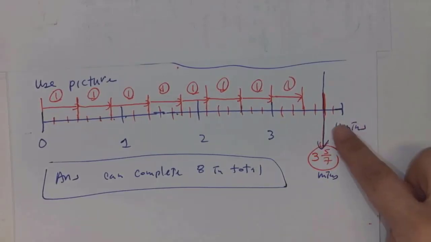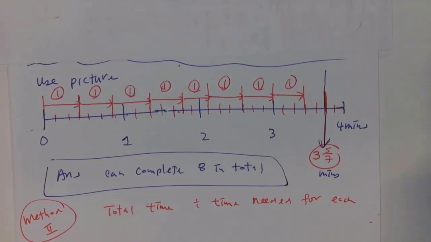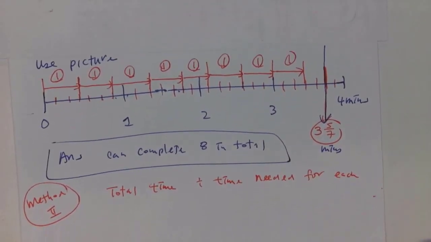Did you go beyond 3 and 5/7 though? In total, you should have 28 little lines. You may need to try one more time after class.